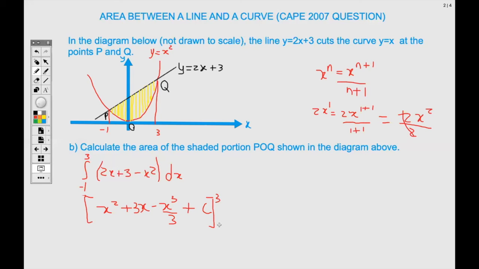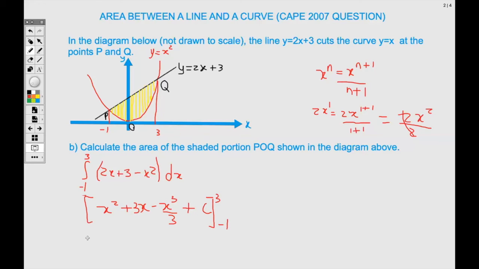Now I'm going to have the upper limit and the lower limit. Now I'm going to substitute the limits. So I have the upper limit first. I replace x, so I have 3 squared plus 3 times 3, minus 3 cubed over 3, plus the constant, and that is the upper limit.